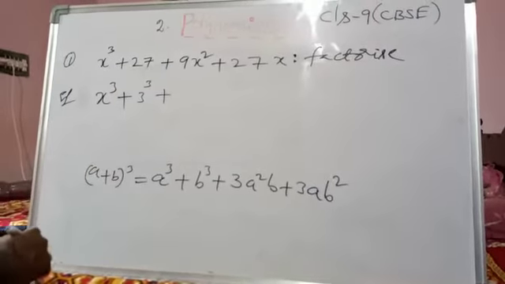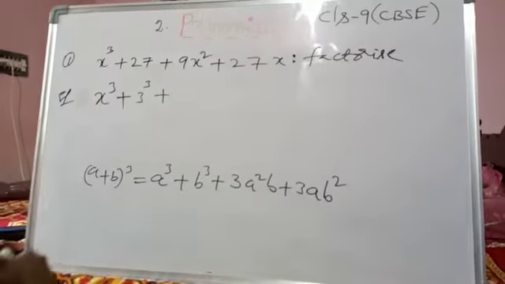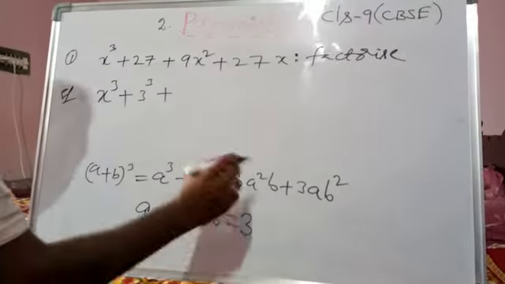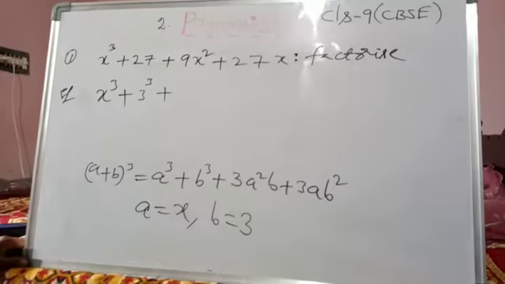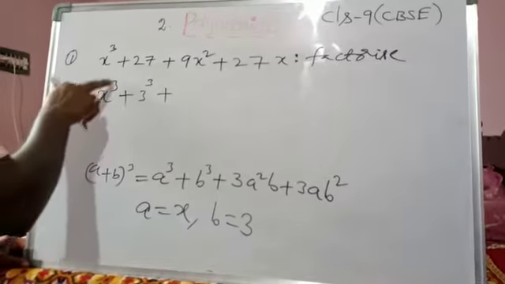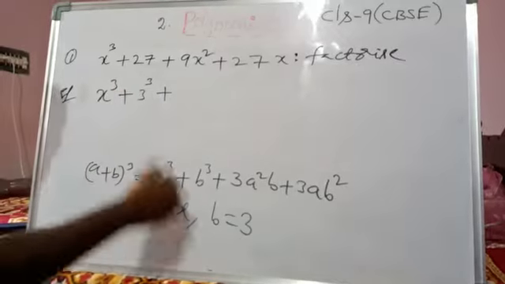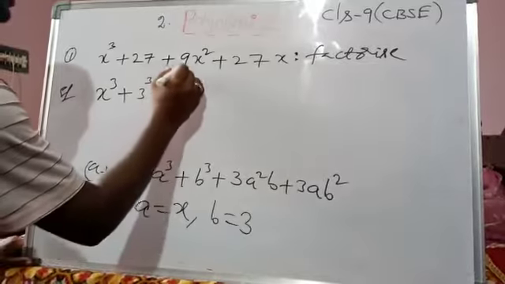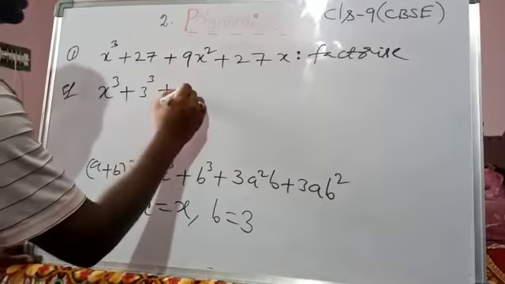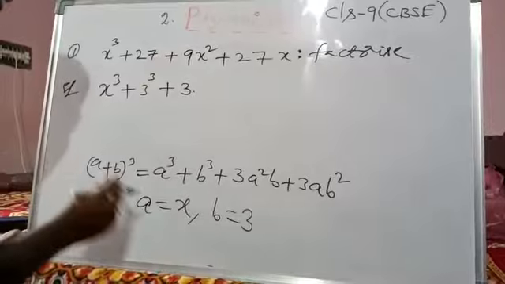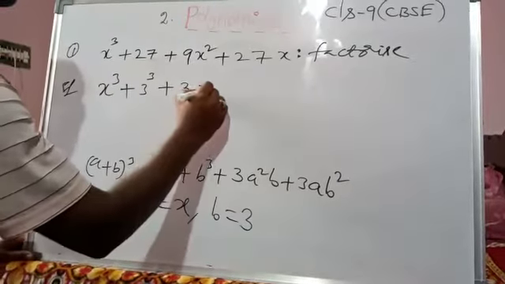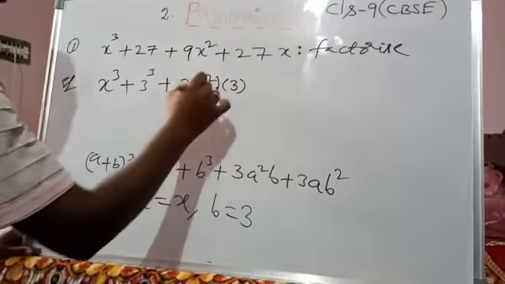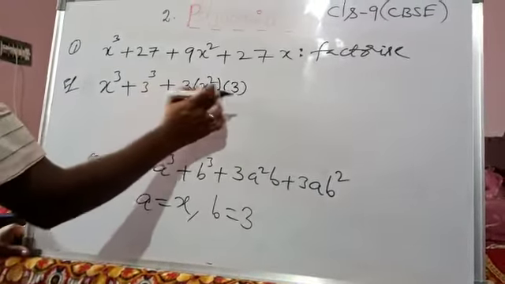If you compare with this identity, what is the value of a, students? a is x and b is 3. So x cube is a cube, and 3 cube is b cube. Then a cube plus b cube plus 3a square b: here 9x square, how can I write it? 3 into a square, a square is x square, and b is 3. 3 threes are 9, so 9x square.